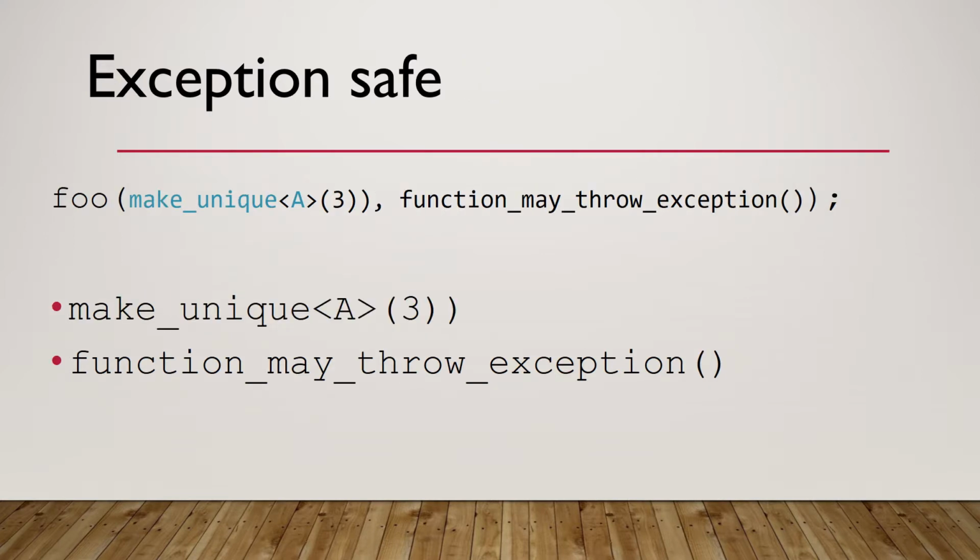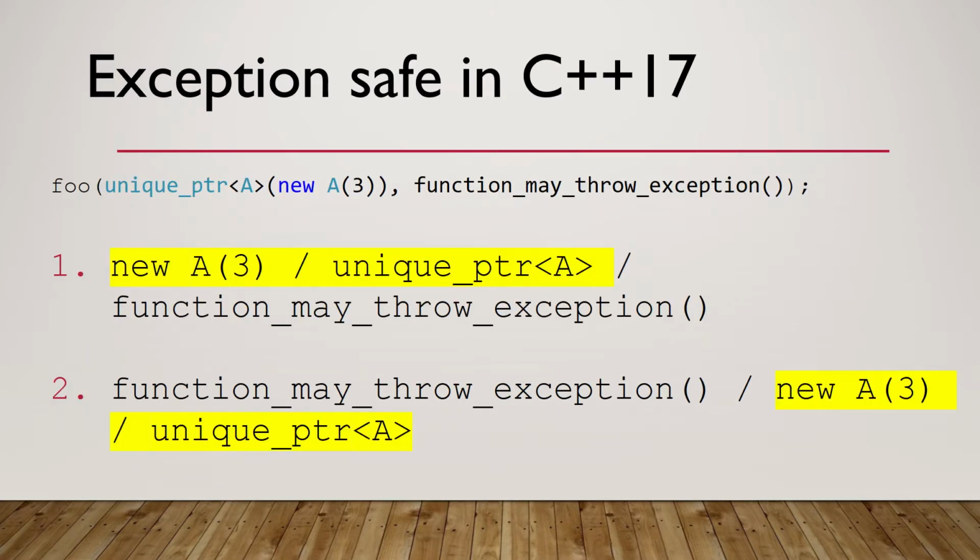Now, if make unique is used in calling function foo, not only does it look cleaner, but it's also exception safe. No matter what order the arguments are compiled in, pointer A will always be deleted, even though there is an exception. Note that in C++ 17, the exception safety issue is fixed. It can only have two possible orders of execution.